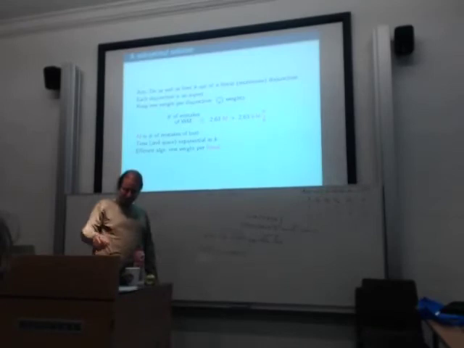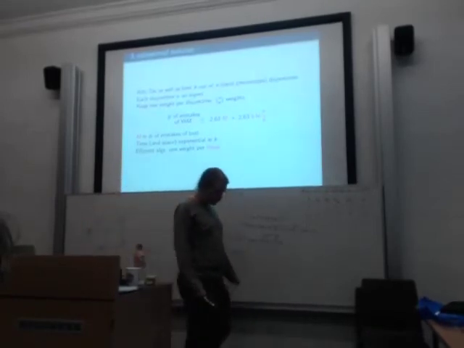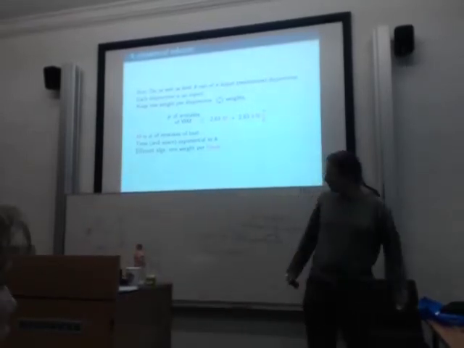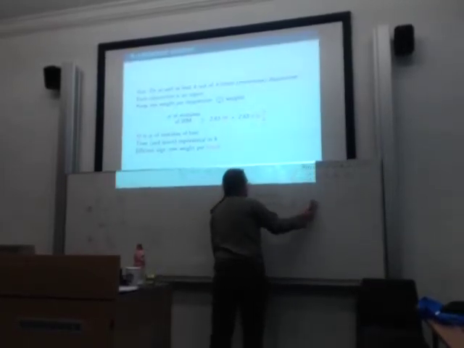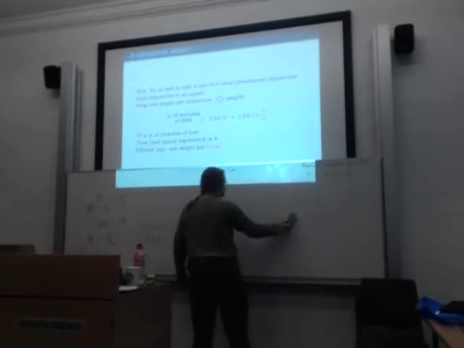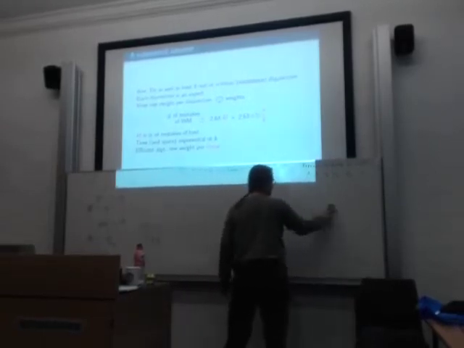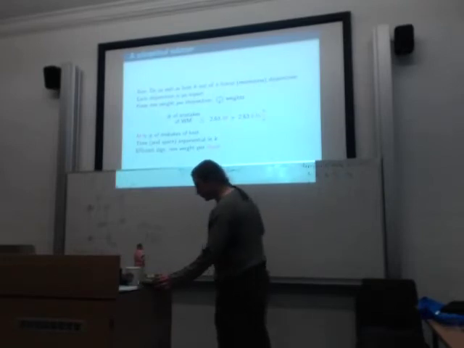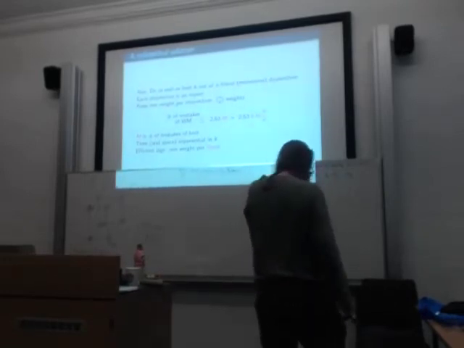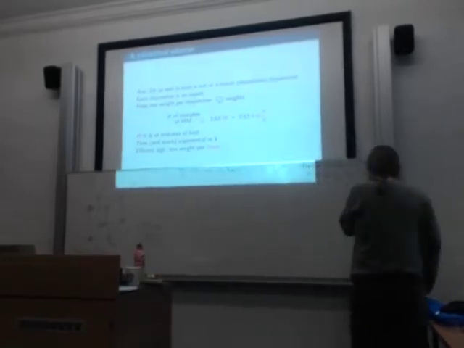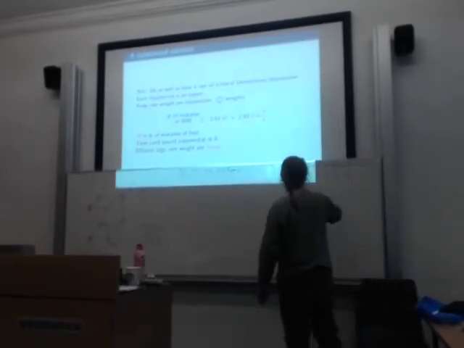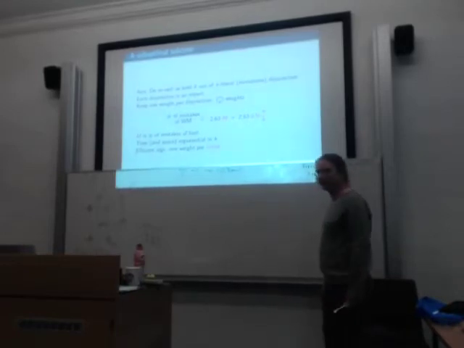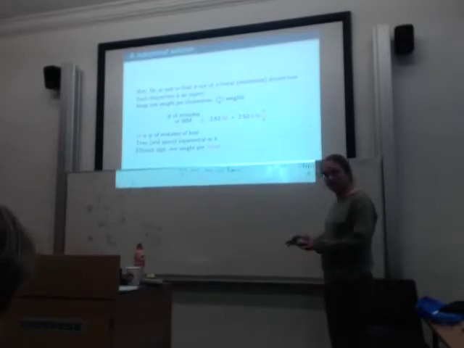Let me make it quite concrete. Imagine we have disjunctions with 5 variables, and let's say we're trying to learn a disjunction of size 2.